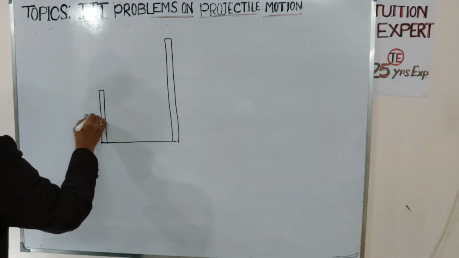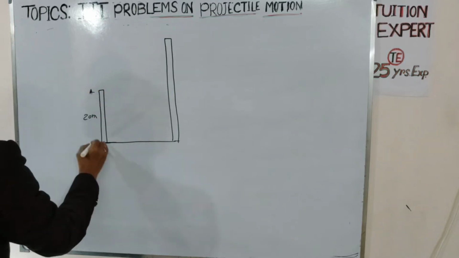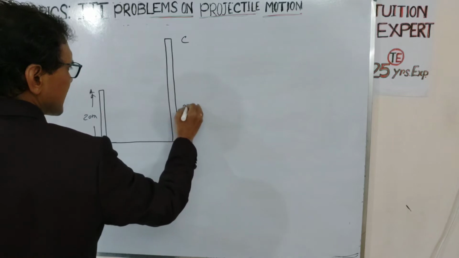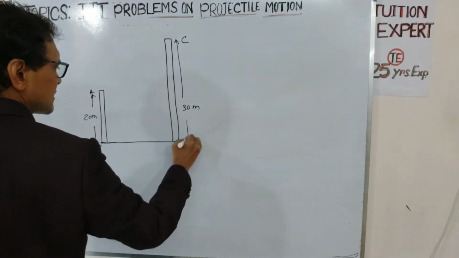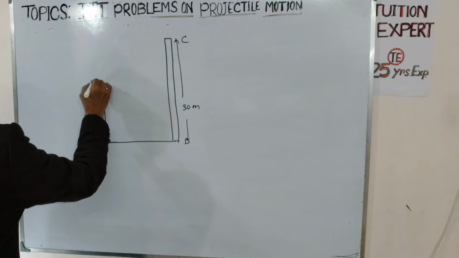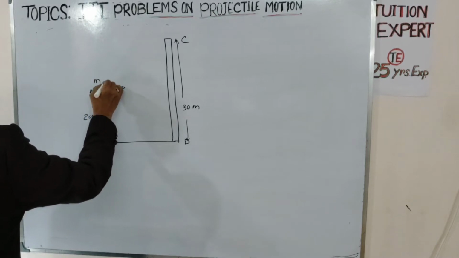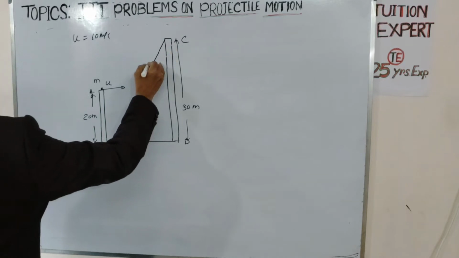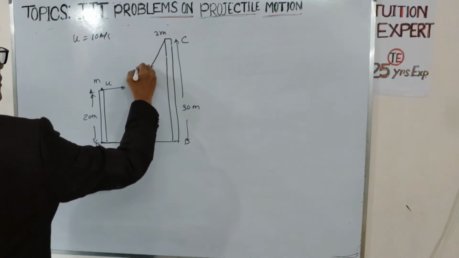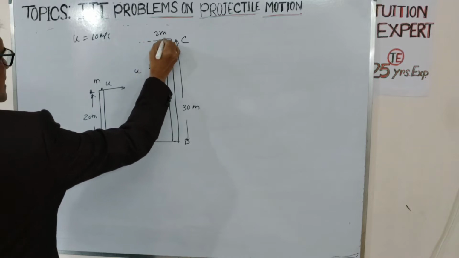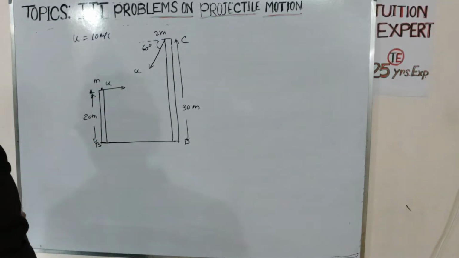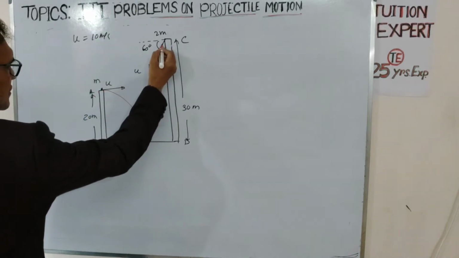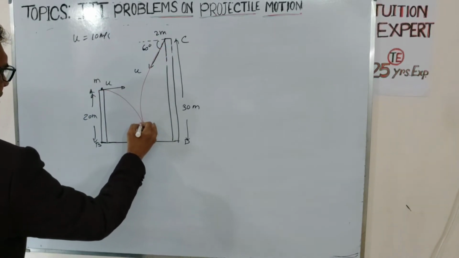What is given? This tower is AB, which is 20 meter high. CD is 30 meter high. This object of mass m moves horizontally with velocity 10 meter per second. This object of mass 2m moves with the same velocity. This angle is 60 degree. Now two particles collide here.